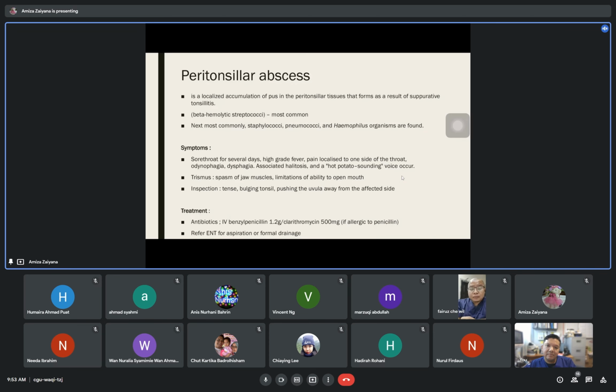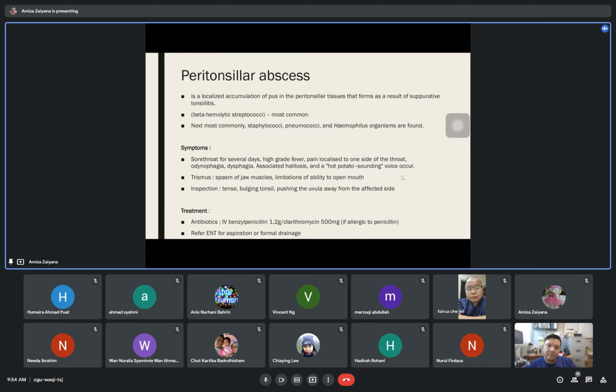So next is regarding the peritonsillar abscess. It is a localized accumulation of pus in the peritonsillar tissue that forms as a result of suppurative tonsillitis. Most common bacteria will be beta hemolytic streptococci. Patient will come with sore throat for several days, high grade fever, pain localized to one side of the throat, odynophagia, dysphagia, and also halitosis and a hot potato sounding voice.